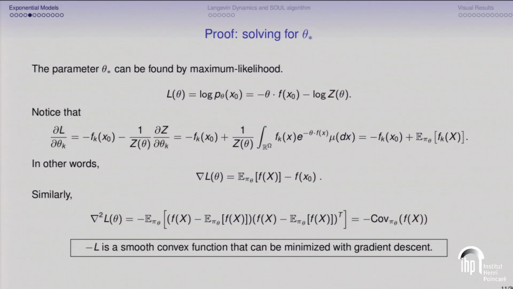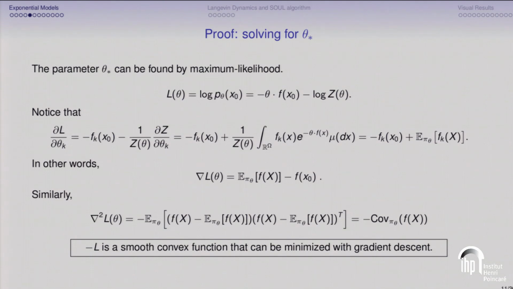Okay. So actually, once you restrict to this parametric class, you just need to find a distribution pi theta that satisfies the expectation constraint. And actually, you can do that. It's somehow equivalent to a maximum likelihood procedure. So if you write the maximum likelihood of your model, here with the exponential distribution, it simplifies to this expression, with a linear term and the log partition function.